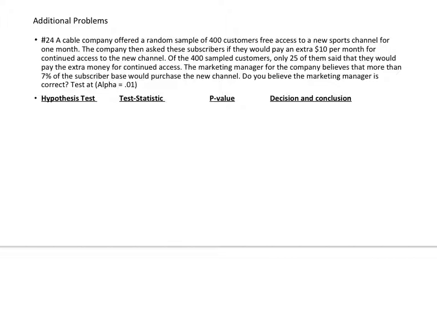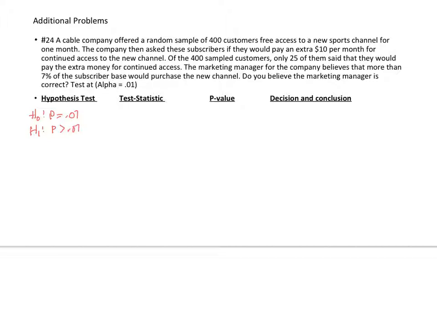And so now we ask the question, well, what is our hypothesis test? So in this particular problem, we will put in our hypothesis test. So H naught, p in this case is equal to 0.07. And the alternative hypothesis is p is greater than 0.07. So this is going to be a one-tail test, obviously.